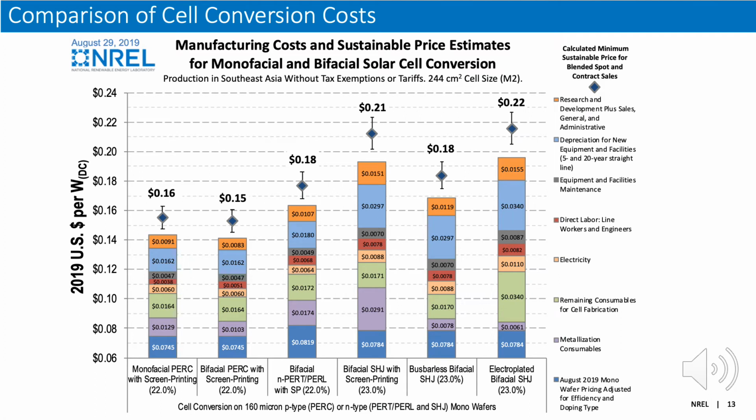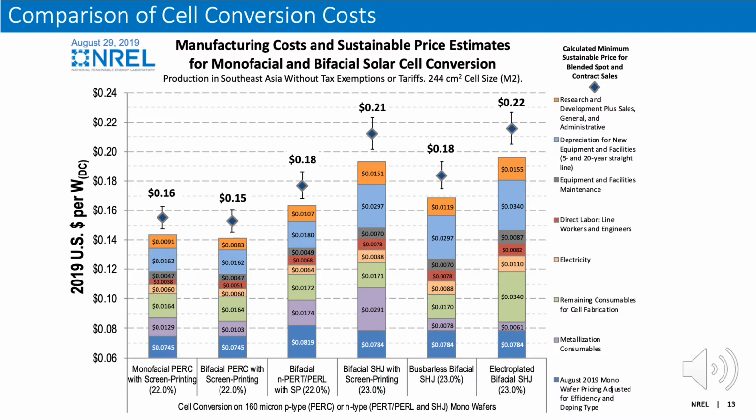So here are the total costs and MSP estimates for a few different reference designs and scenarios. You can see here we're comparing multiple iterations of PERC and SHJ architectures. The PERC rear contact can be printed to create either monofacial or bifacial cells, where less metal is used on the back surface for the bifacial configuration and some cost savings occur due to decreased metal usage.